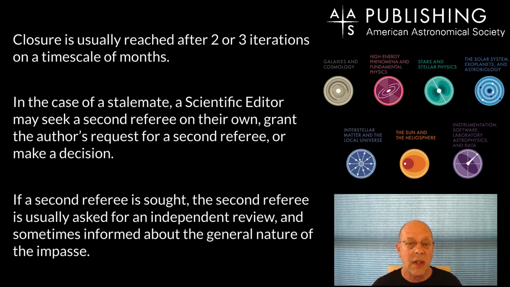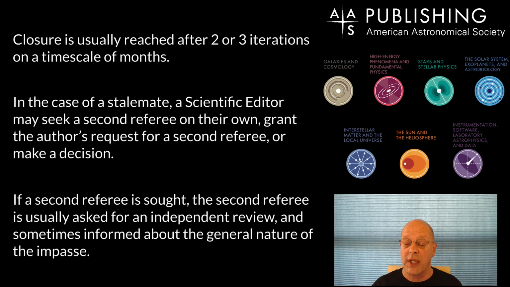It really depends mostly on the timescale for the authors to do a complete and thorough revision based on the report and resubmit the manuscript. In the case of a stalemate, when there's just not convergence between the authors and the referee, a scientific editor may seek a second referee on their own, grant the author's request for a second referee, or just make a decision.